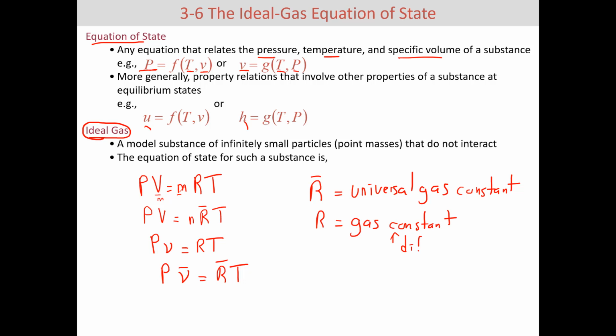It's a different value for each gas. And there's a relationship to calculate the gas constant as a function of the universal gas constant. It's basically the universal gas constant divided by molarity. We will be using the ideal gas law in this class significantly.